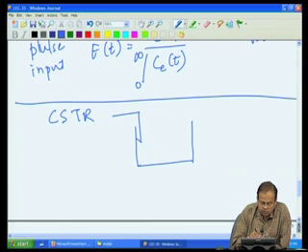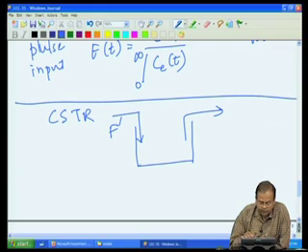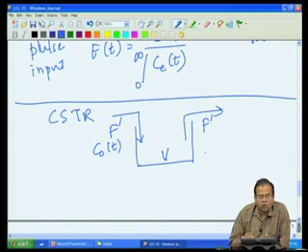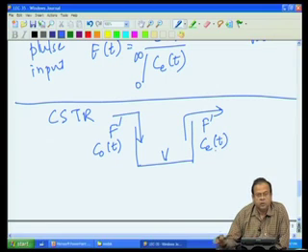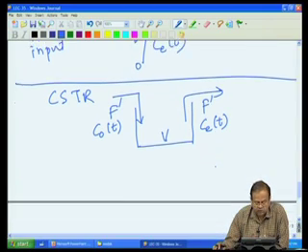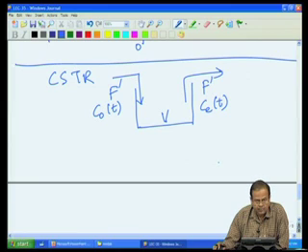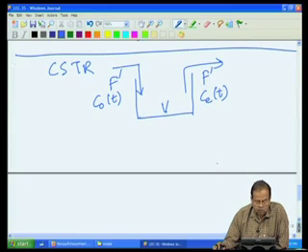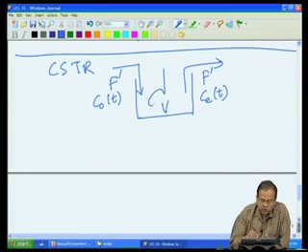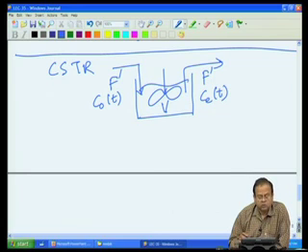I am putting in my fluid at volumetric flow rate of F', the volume here is V. Let us say that C_0(t) is my inlet concentration, F' is the volumetric flow rate that comes out, C_e(t) is my exit concentration. So, now how is the dynamics of this system defined?